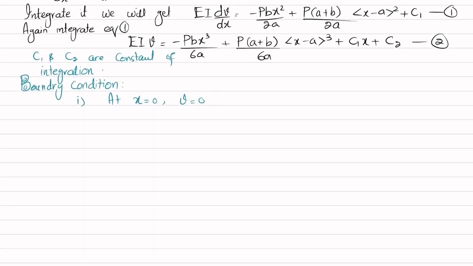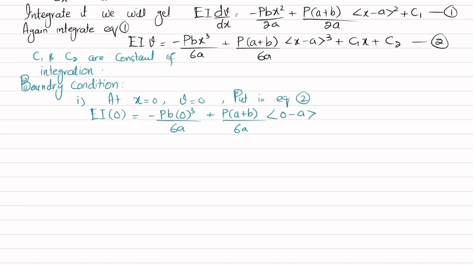We will put this in equation 2, because equation 2 is for deflection. So for x equal to 0, EI into deflection 0 will be equal to minus Pb into 0 cubed divided by 6a, plus P into (a plus b) over 6a into (0 minus a) whole cubed, plus C1 into 0 plus C2.